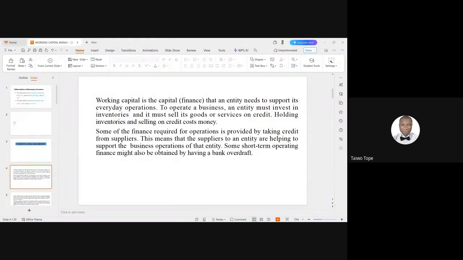Then there is the nature of the industry and the business in which an organization finds itself. In some organizations, accessing raw material is very easy, accessing labor is very easy. In some, the cost of running the day-to-day business is very high. All these are factors that affect working capital.